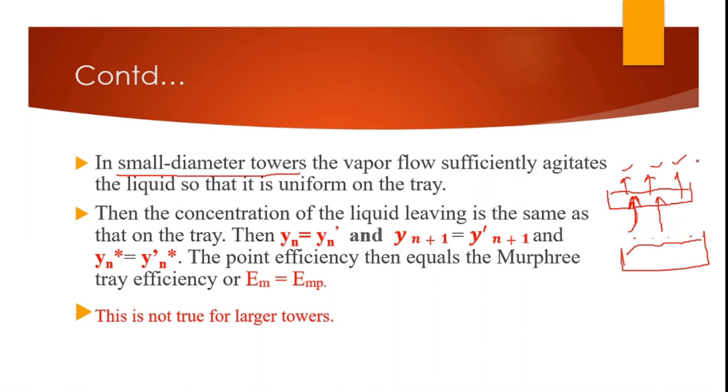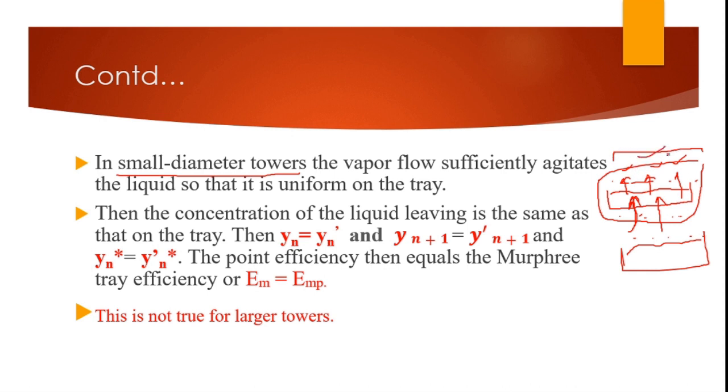So for a particular tray, any vapor that is coming into the tray at any point has the same concentration, and any vapor that is going out also has the same concentration. This is only possible for a small diameter tower. So the average over the entire tray is the same as at any one point.